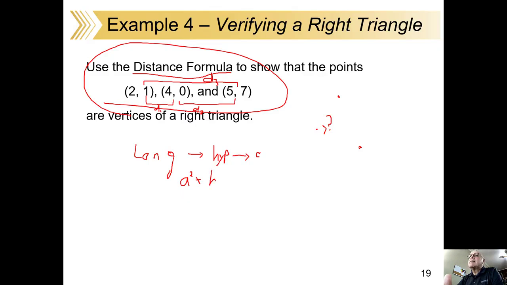You'll take the second distance, you'll square it. You'll add them together and see if it's equal to that long one squared.